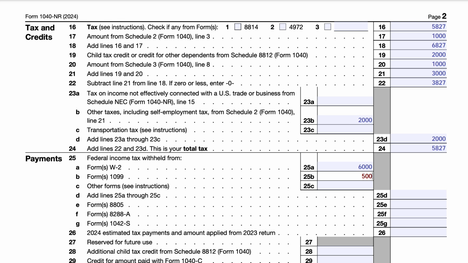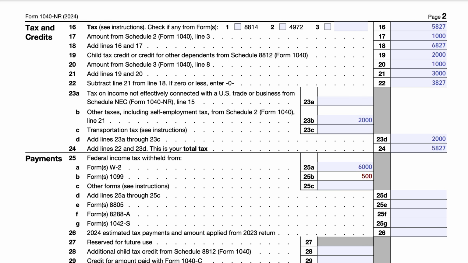According to the form instructions, you can also have taxes withheld from other forms based on the Form 1040 instructions. That would include quite a bit. We're talking the additional Medicare tax, which is on IRS Form 8959. For extremely high income families, you may need to pay what's known as the additional Medicare tax, and that's on IRS Form 8959.